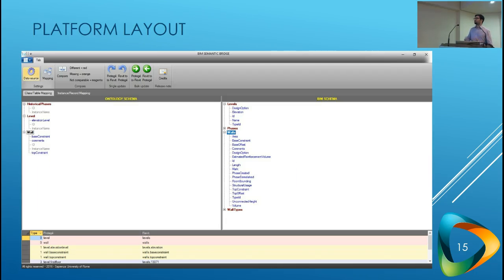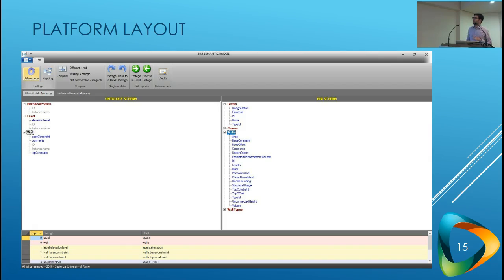So I will now show you just a little bit of the application that we developed. It's quite easy because it was a very cheap experiment, actually. This prototype of the platform is organized into 3 areas. As you can see here, on the left side, there is the ontology schema, which is connected in real time with the ontology database.